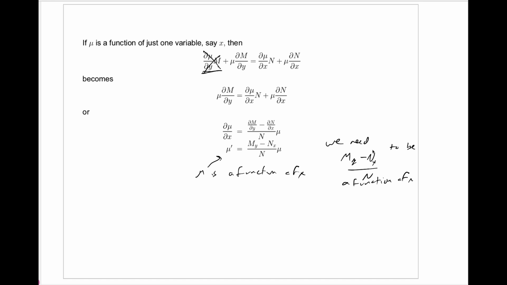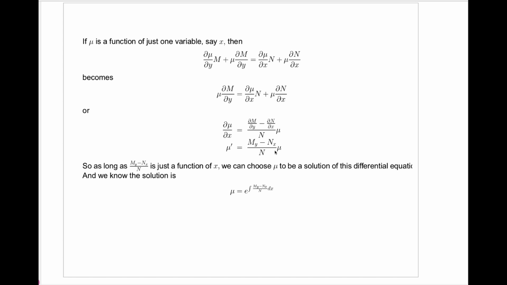In other words, we need this to be entirely dependent on x and not have any dependence on the variable y. If we're so lucky that this function depends only on x, then we look for a solution to this differential equation, finding mu as a function of x that satisfies this differential equation, and we'll have our integrating factor.